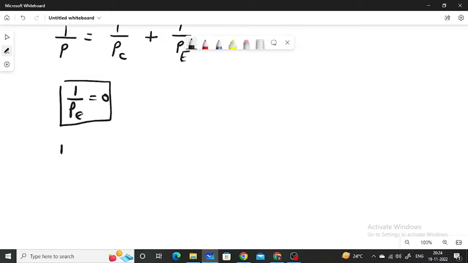Now, 1 by P is equal to 1 by Pc plus 1 by Pe.